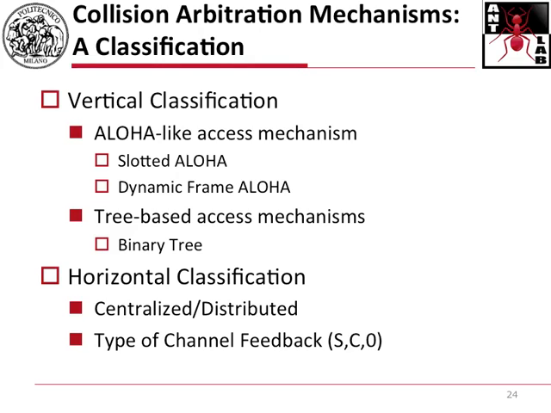Or, what type of channel feedback do you have when implementing, for example, dynamic frame aloha or binary search tree? An example of channel feedback is basically the status of a transmission which was performed in the previous slot.